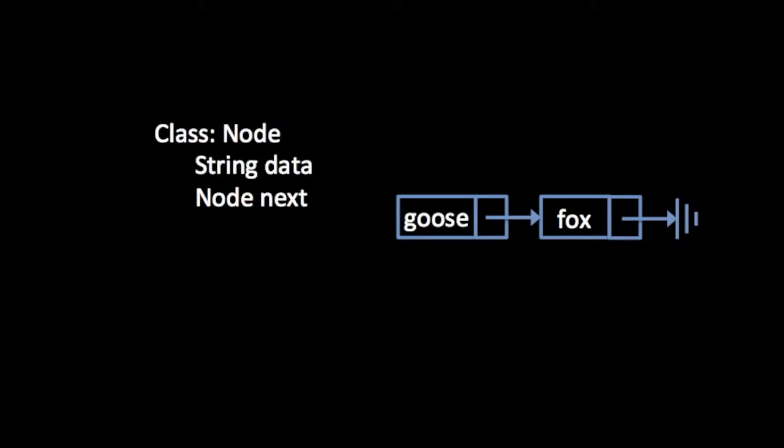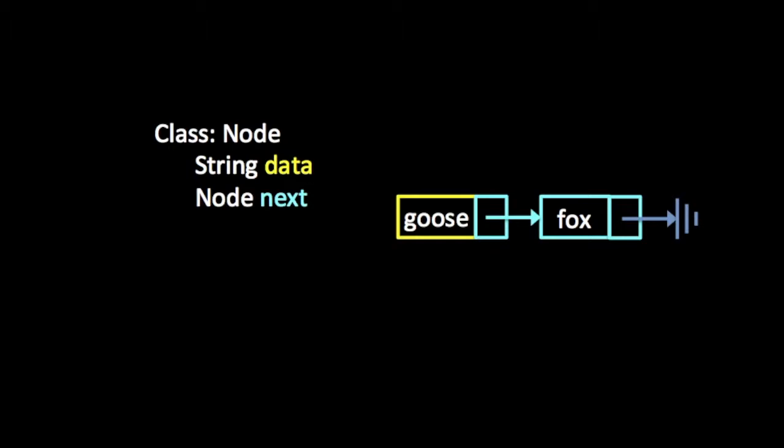Let's look at a pseudocode representation of the class node. Each node object has the 2 data fields I've mentioned. A string variable named data that contains the node's information, and a node variable named next that contains a reference to the next node. Notice that the definition of node is inherently recursive.